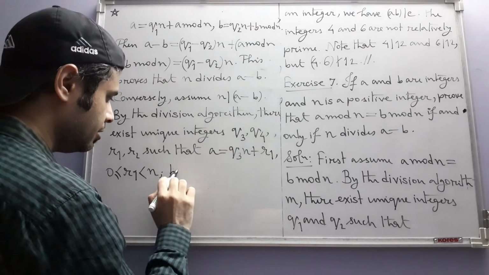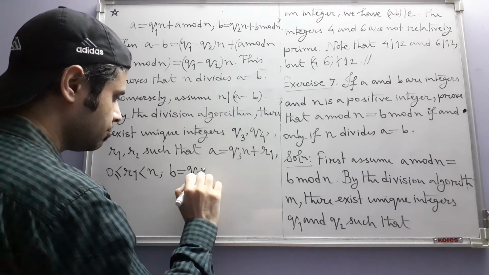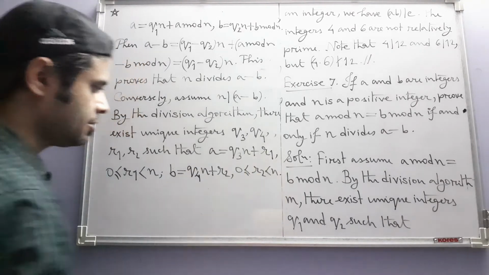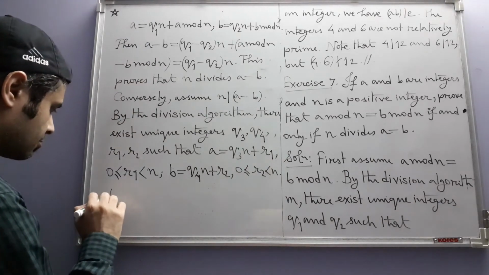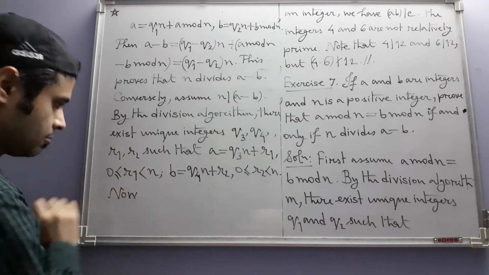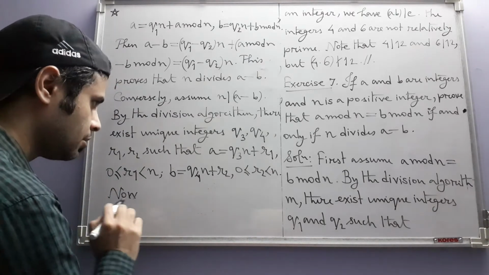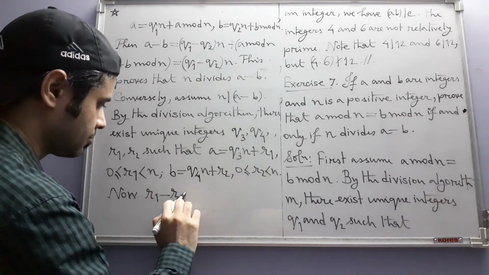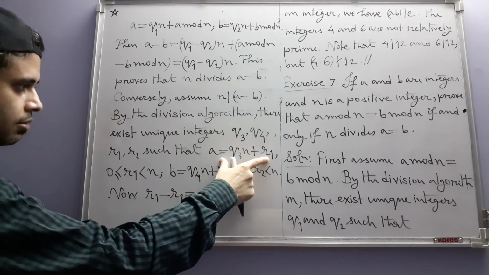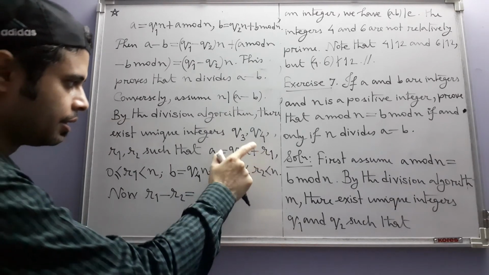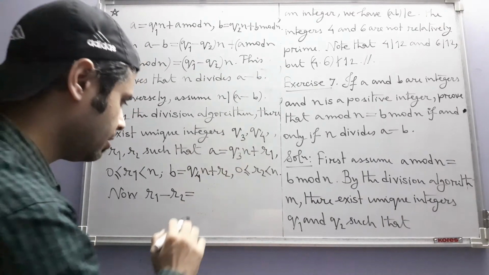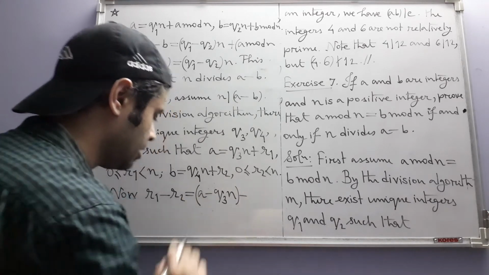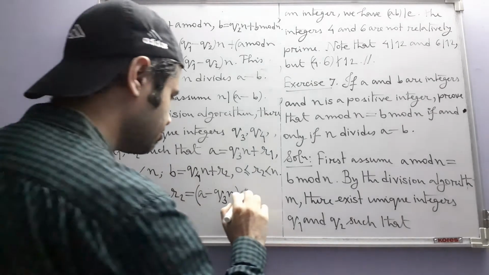Just like that, B is equal to q4 n plus r2, where r2 satisfies these inequalities. Okay, now what happens? Now r1 minus r2, if we think of that from this equation, r1 is A minus q3 n, minus r2 is B minus q4 n.